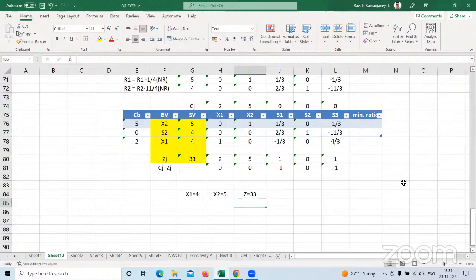Because they have given an example problem, sir, of minimization, in which they have considered M as a value and they are solving. If you can tell us about M, it would be good. M is considered when there are greater than or equal to equations, that we discussed. We need to subtract the surplus variable and add the artificial variable.